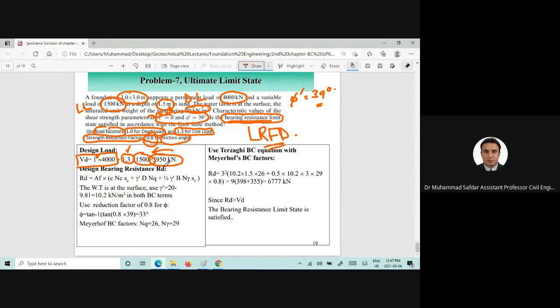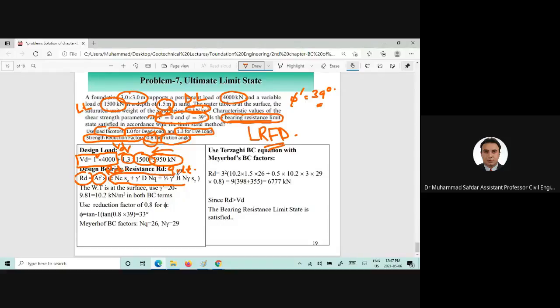So 1950 kilonewton would be the design load. For the design bearing resistance, we are given Terzaghi's equation, so you can find the q ultimate and multiply it with the area of the foundation, and you will get the design bearing resistance, RD. The design load we can call VD.